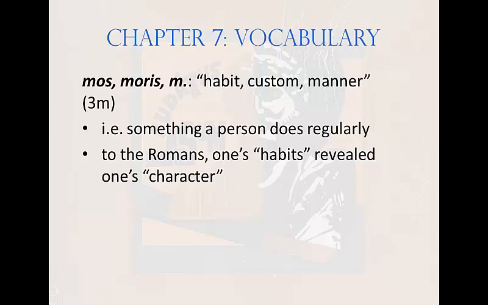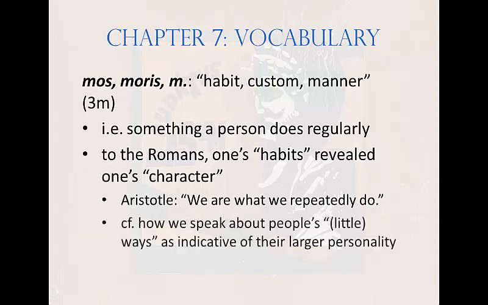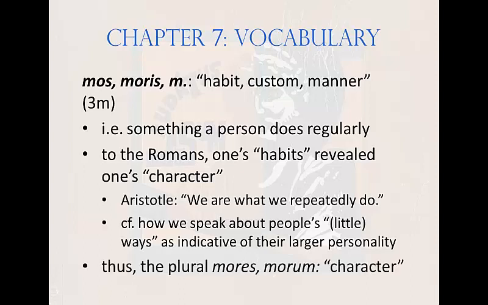The Romans are not alone in believing this. The great philosopher Aristotle said, "We are what we repeatedly do." And we today buy into this concept when we talk about people's little ways, meaning that the small things a person does hint at larger personality traits. And that's why the plural of mos, mores, morum, means character.